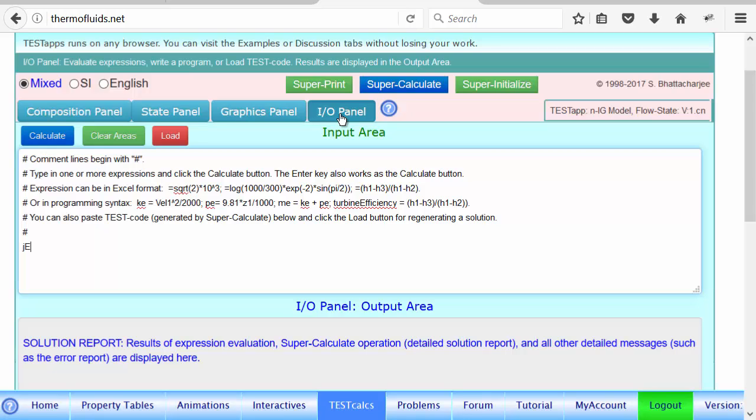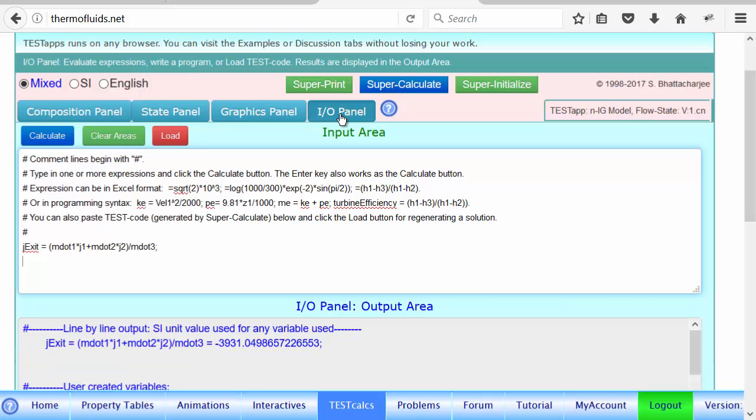J exit must equal the total energy coming in, m dot 1 star J1 plus m dot 2 star J2, divided by m dot 3.